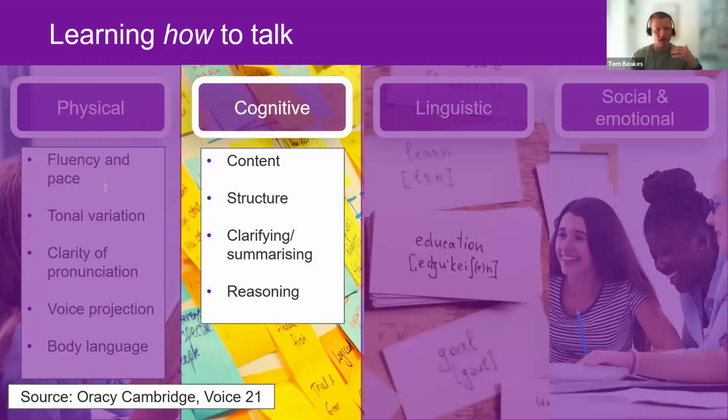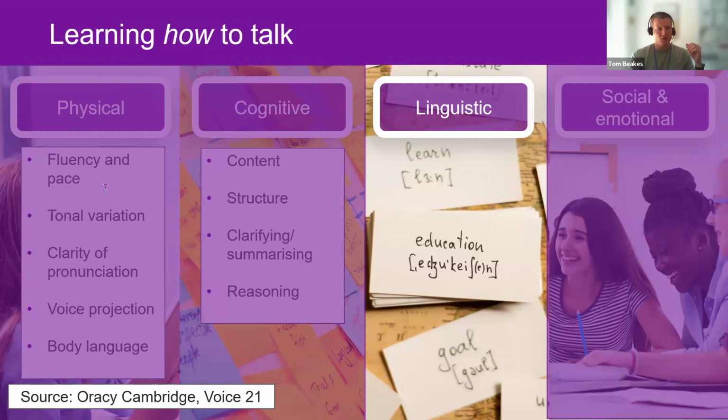It's things like being able to clarify or summarize what's happening in the conversation. So asking questions to seek more information, or being able to paraphrase what other people have said, for example. And also reasoning skills. So being able to justify your views and also being able to critically examine the ideas and views expressed by others. So that's the sort of cognitive skill area.